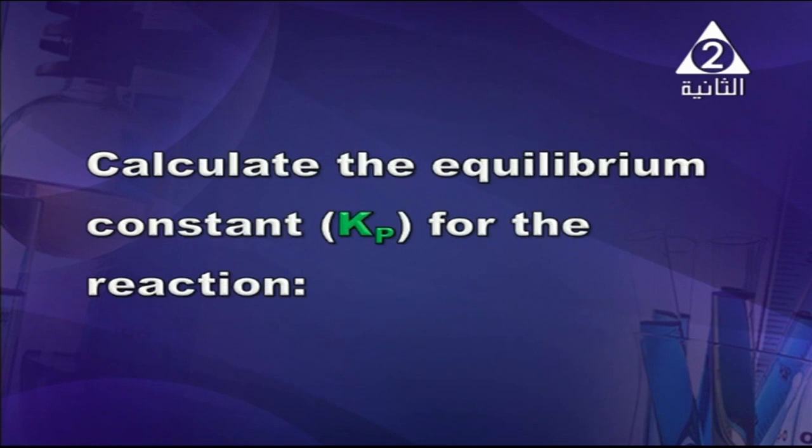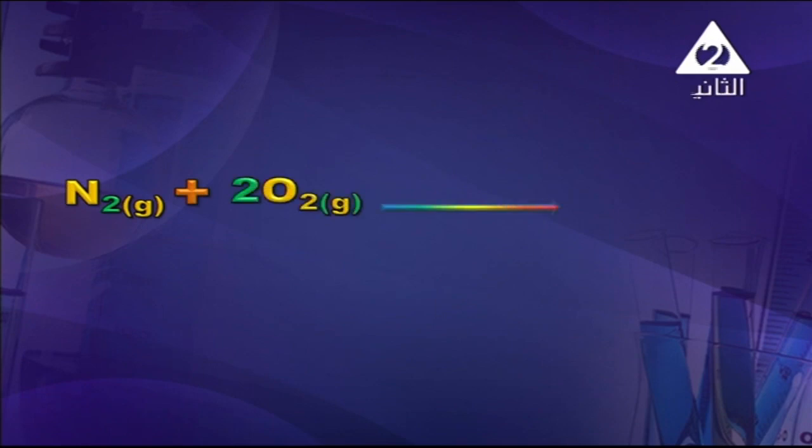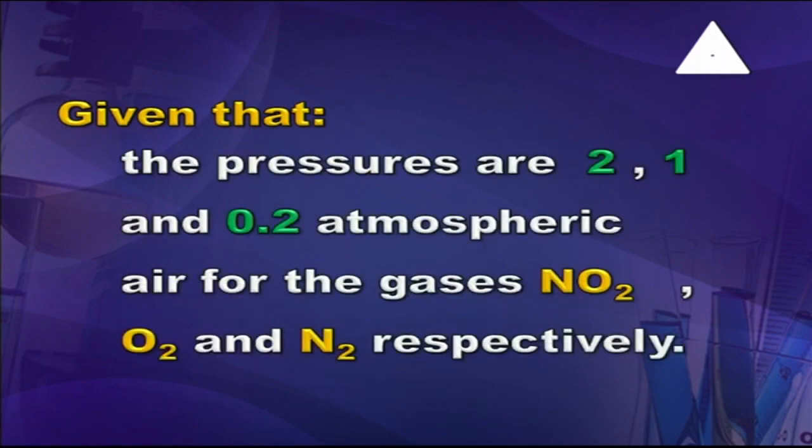For example, calculate the equilibrium constant Kp for the reaction N2 plus 2O2 in equilibrium with 2NO2, given that the pressures are 2, 1 and 0.2 atmospheres for the gases NO2, O2 and N2 respectively.